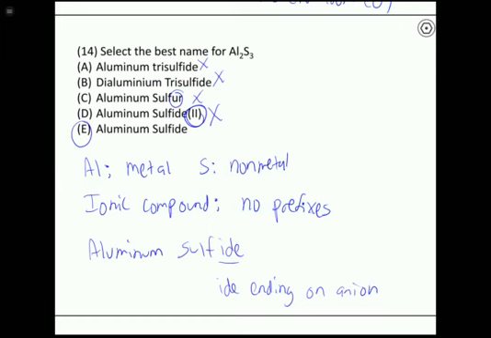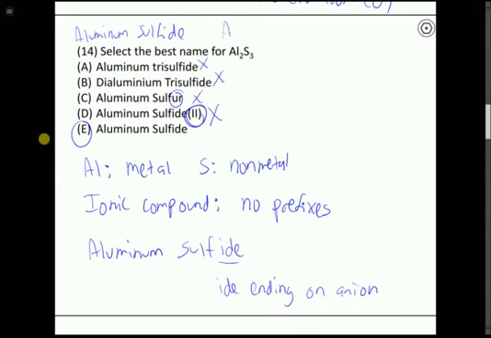Now you should also be able to go the other way, which is taking the name of the compound and giving the formula. So if we were instead giving you aluminum sulfide and asking what is the formula for this, we have to know the charges of the cation and anion. So aluminum, as we said, is always +3. Sulfur is -2. And then we have to balance the charge by having the correct number of each.